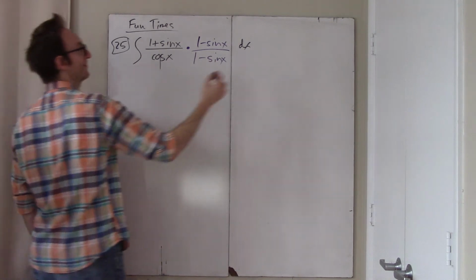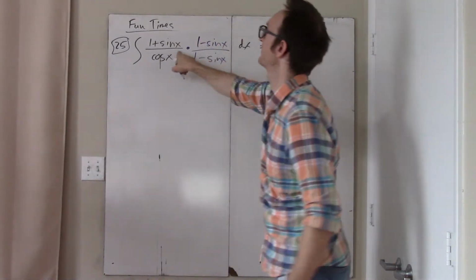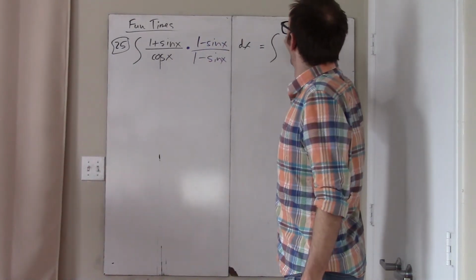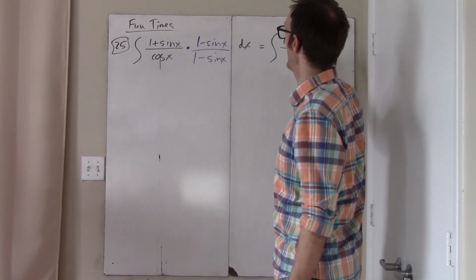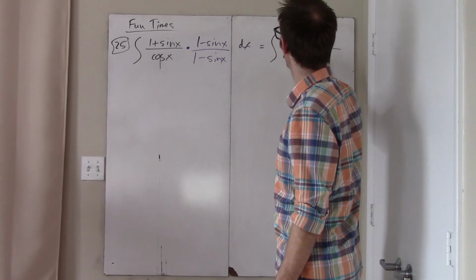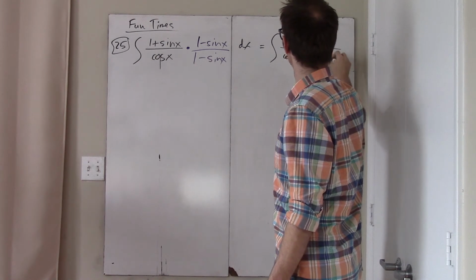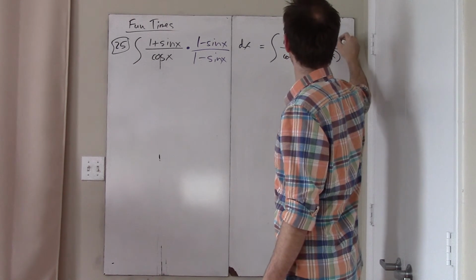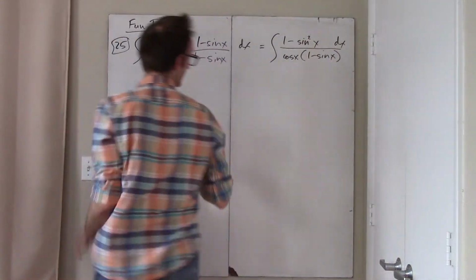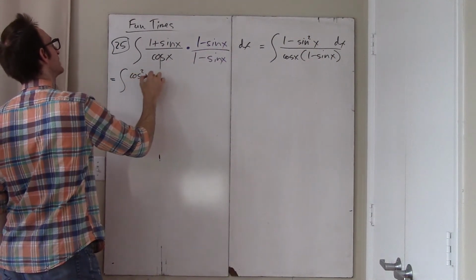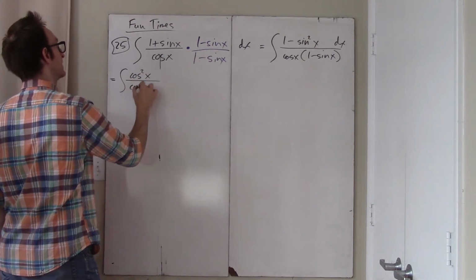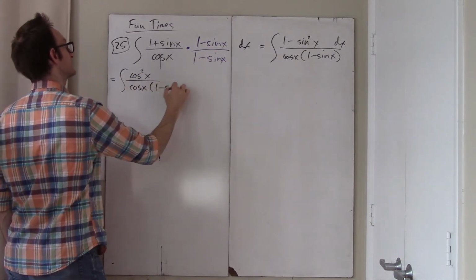What do I have? On the top I have 1 minus sine squared, and on the bottom I have cosine x times 1 minus sine x. That seems maybe a lot worse, but of course 1 minus sine squared x is just cosine squared x, so cosine x times 1 minus sine x.